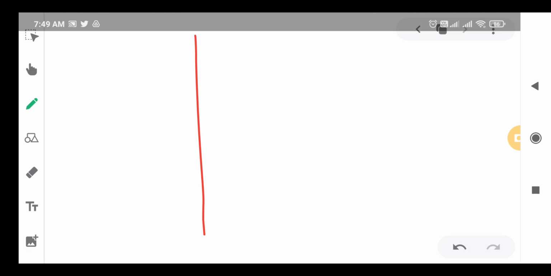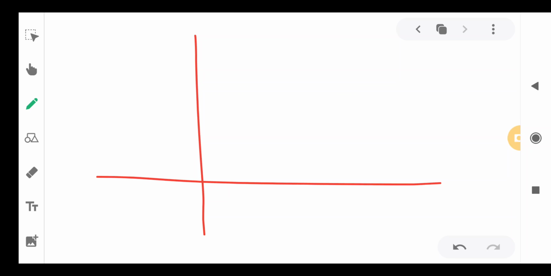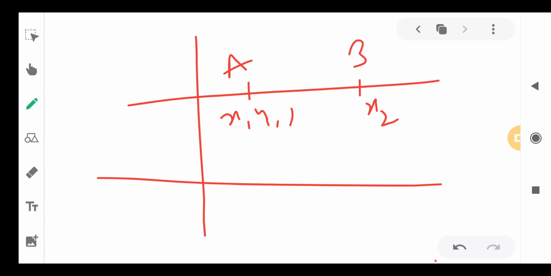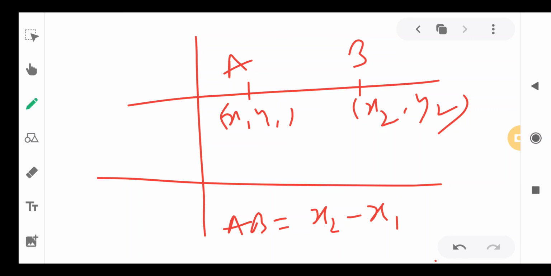Therefore, finally what we should understand is, if the line is parallel, here this is a point A, this is B, here it is x1, y1, this is x2, y2. Simply, the distance AB will be modulus of x2 minus x1. This is on the x-axis. This should always be positive.